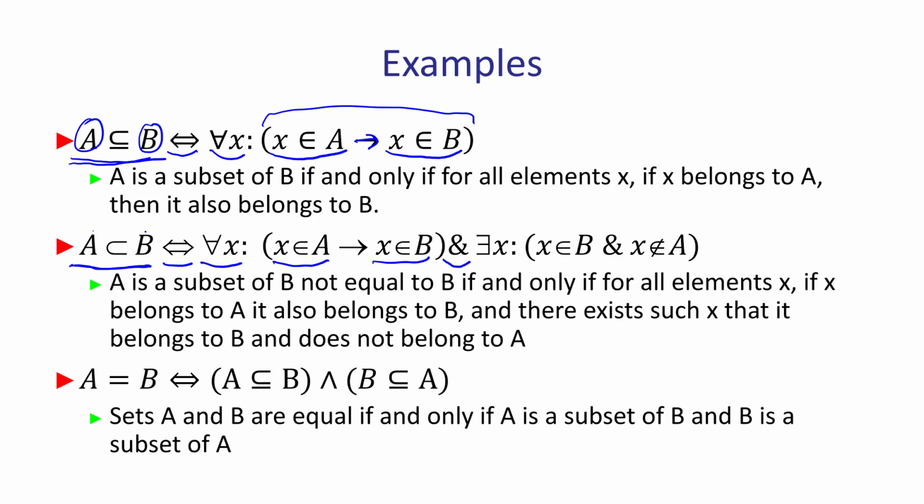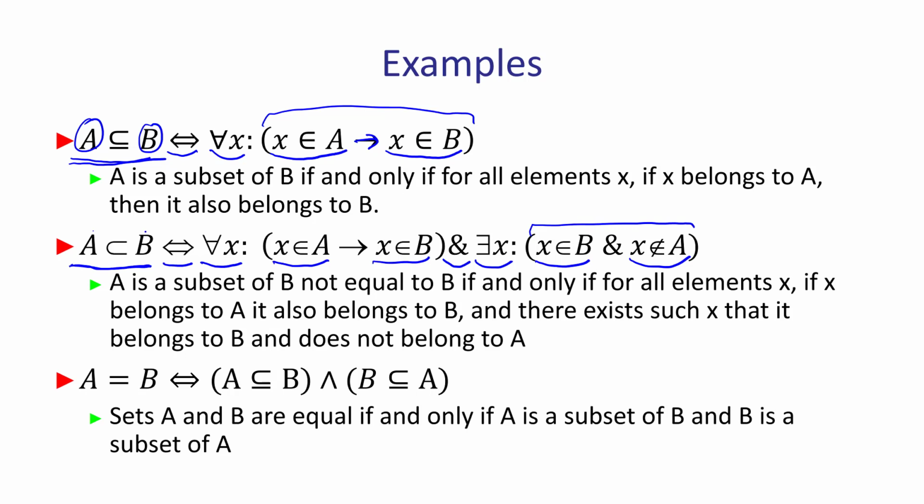Then you have and there exists such x that belongs to B but will not belong to A. So this is what this expression says. There exists such x, which belongs to B, but not to A.